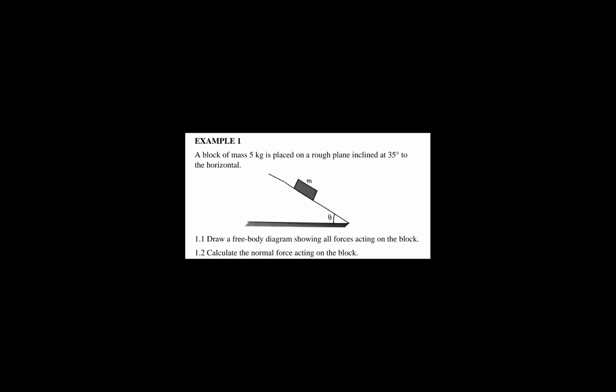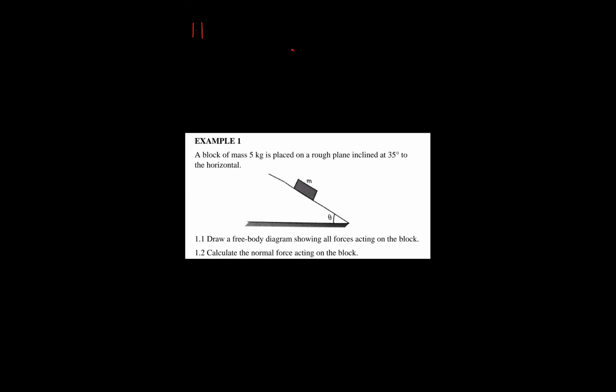Now, it says that a block of mass 5 kg is placed on a rough plane inclined at 35 degrees to the horizontal. Draw a free body diagram showing all forces acting on the block. Let us draw the free body diagram up here, showing all forces acting on the block.